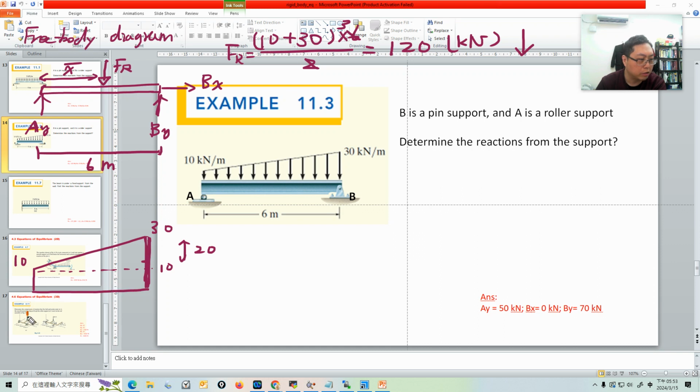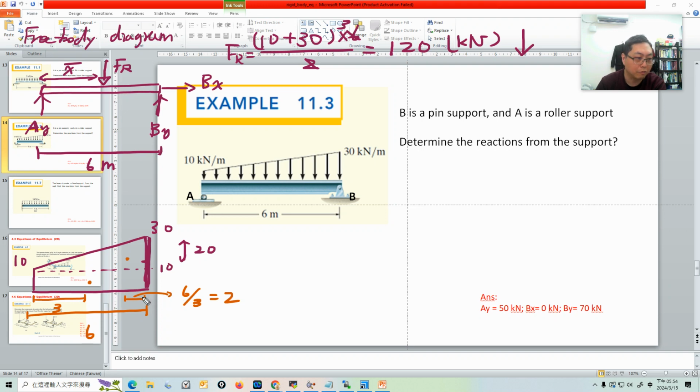So this is 6. Where is the centroid of the rectangle? I believe it's here. Where is the centroid of the right triangle? I believe it's here. This must be 3, and this distance must be 6 divided by 3, which is 2.